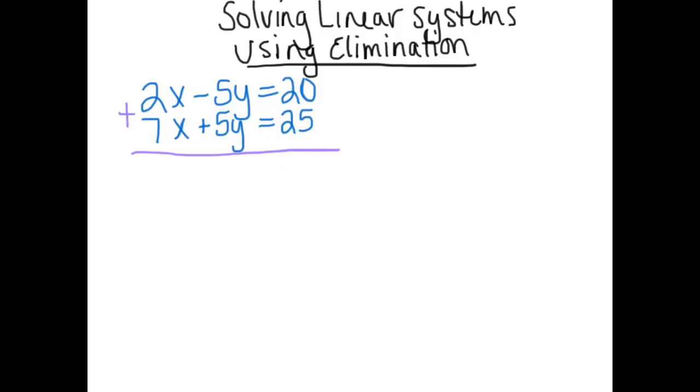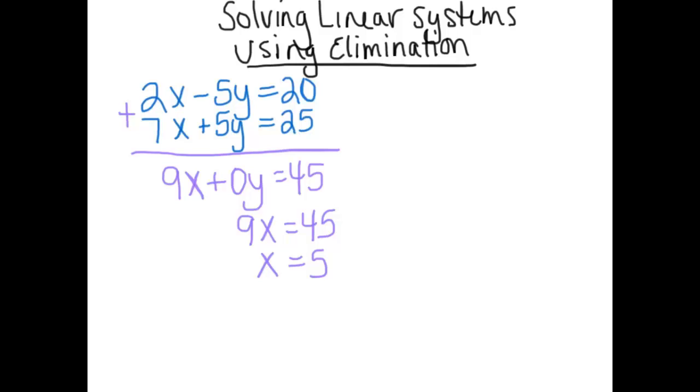It's mathematically okay to do that. When we add these two equations, we get 9x plus 0y equals 45. The negative 5y plus 5y made 0y. Well, this is really just 9x equals 45, so x must have been 5.